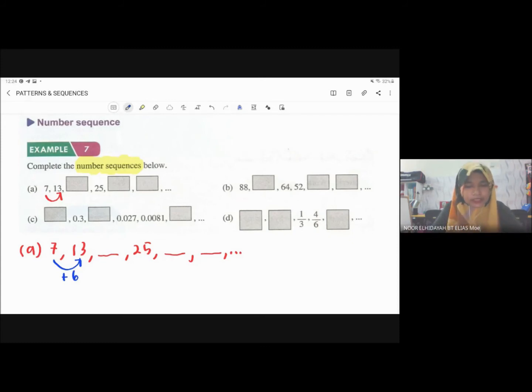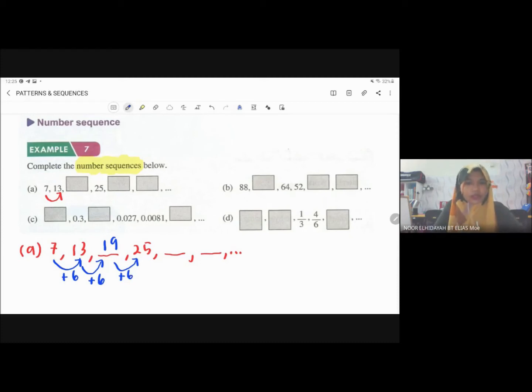Now you have to determine the pattern. Awak cuba tengok betul ke pattern dia adding 6. 13 plus 6 is 19. Is it correct? The answer is 19. Awak teruskan lagi, kalau 19 plus 6, is it 25?